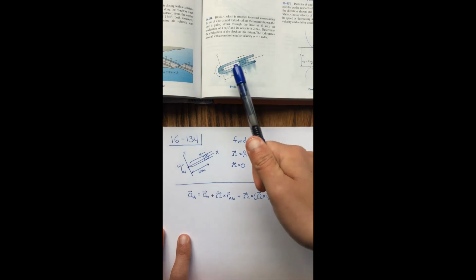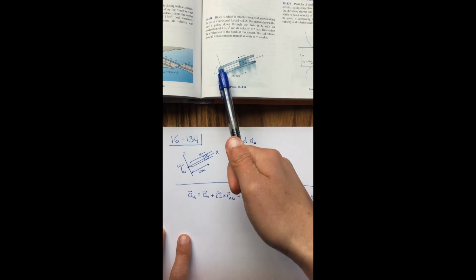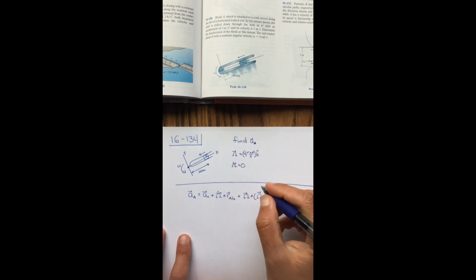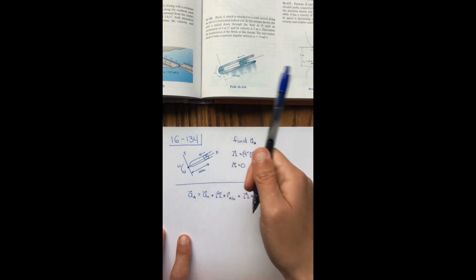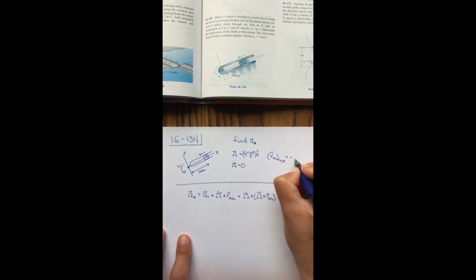And if the cord is being pulled with a speed of 2 meters per second, if you're standing at point O, rotating with the rod, you would see the block moving towards you in the negative i hat direction. So you are looking at the velocity of block A standing at point O in the rotating coordinate system. It's coming towards you, that's in the negative i hat direction, at 2 meters per second.